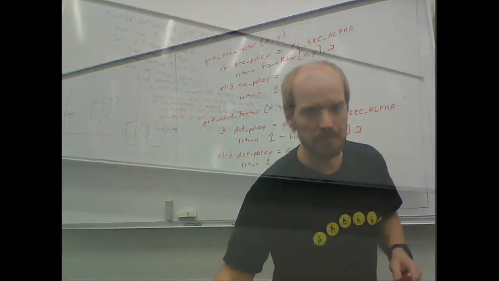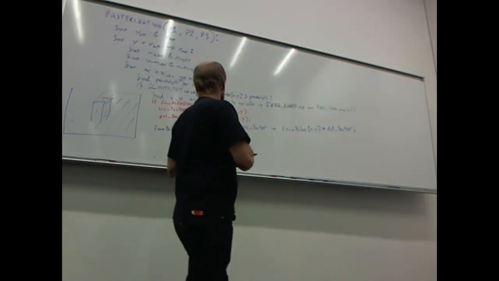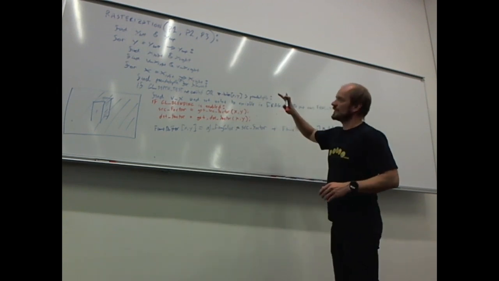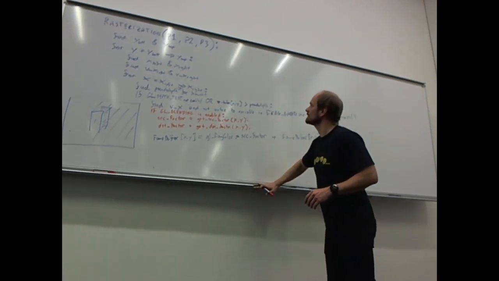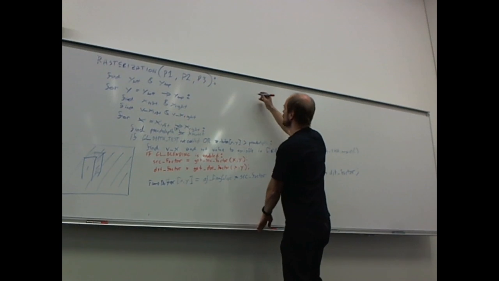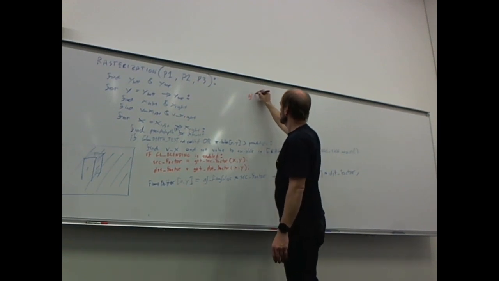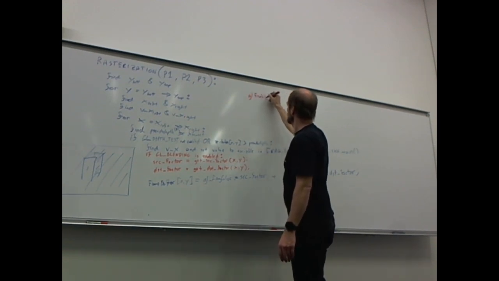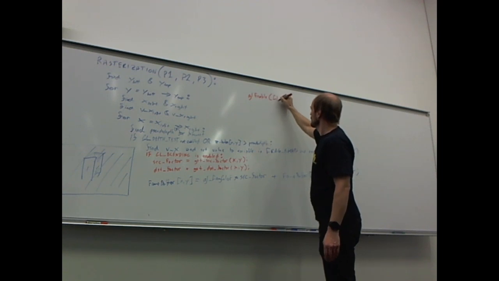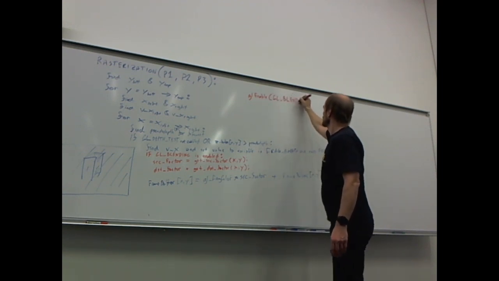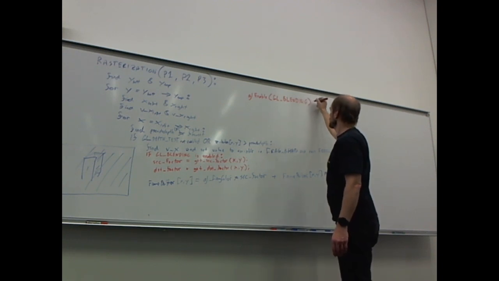Now I'm going to go back to here. So what we're looking at is that somewhere in our code we say GL enable, GL blending, like so.